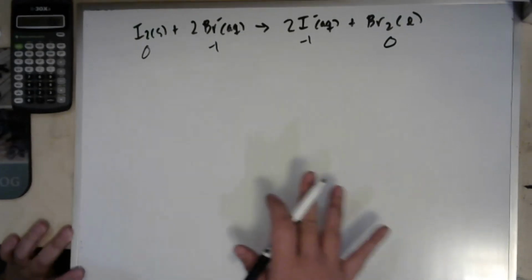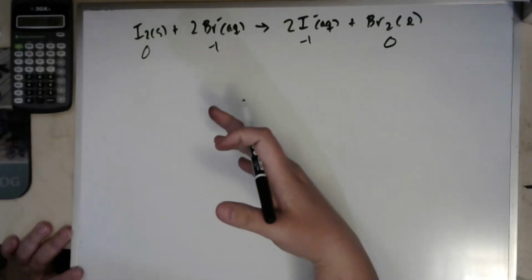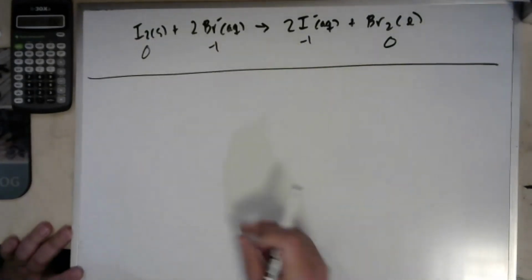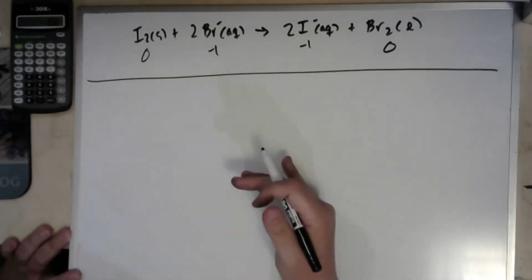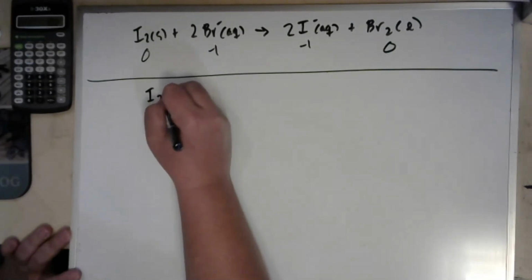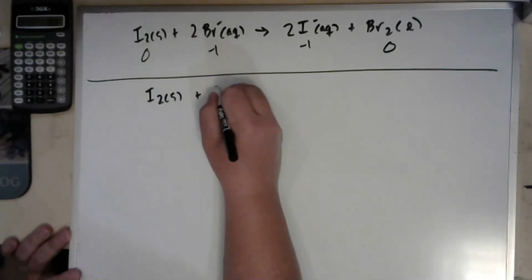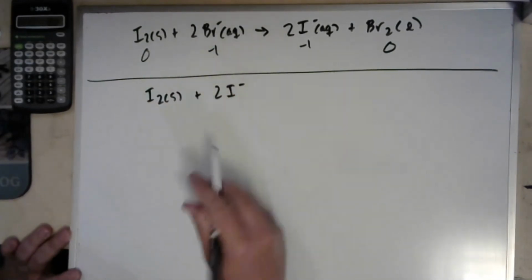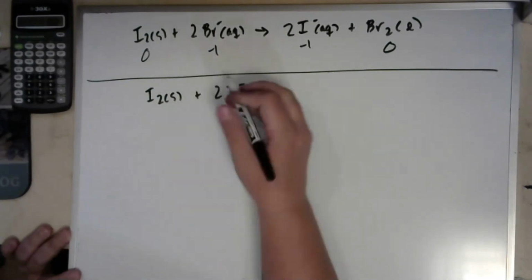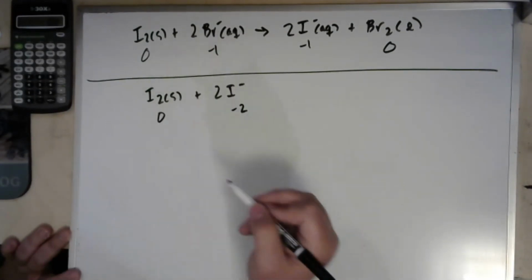It might be that you can look at it and you can see it right away, but I'd recommend that until you are very good at this, you just take the extra time to write out both half reactions. Okay, so you have I2 solid plus 2e minus going to 2I minus. So I have a -2 charge here and a 0 charge here.